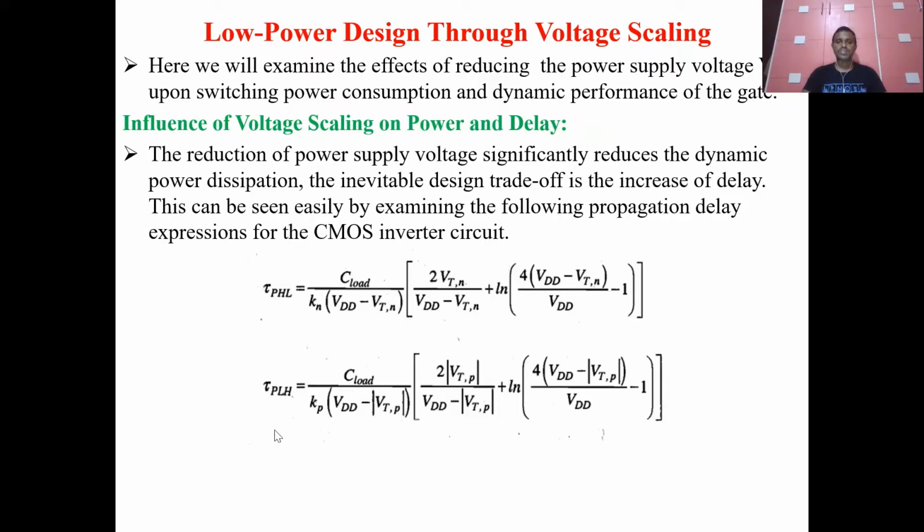For the other propagation delay, we consider the PMOS transistor. In the CMOS inverter circuit, whenever there is a transition from the lower value to the higher value, the PMOS transistor is on and the NMOS transistor is off, so the capacitor charges to the higher value, and since the output is taken across the capacitor, we get a higher value at the output.